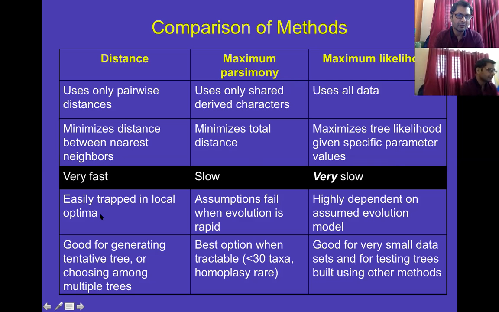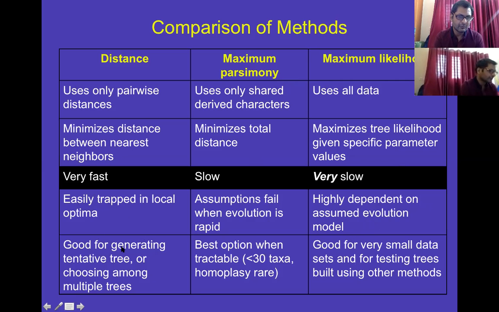It is easily trapped in local optima. So locally it is very much optimized, but globally it is not very good. Assumptions fail when the evolution is rapid, and it is highly dependent on the assumed evolution model. This is for maximum likelihood.